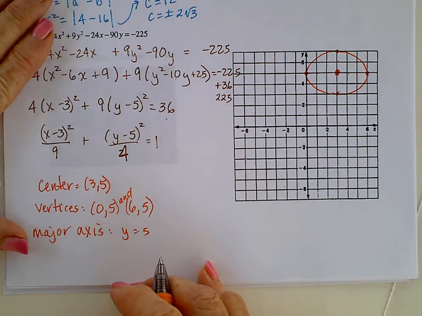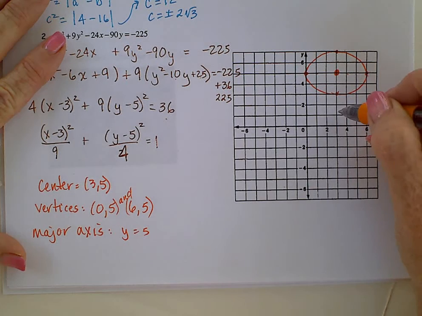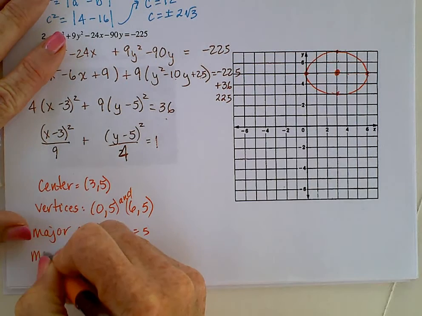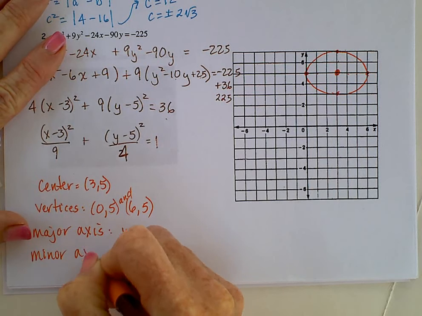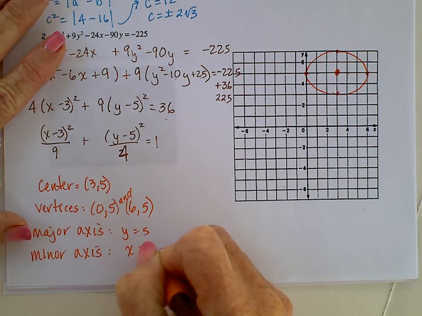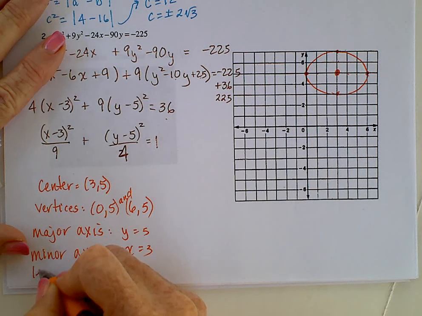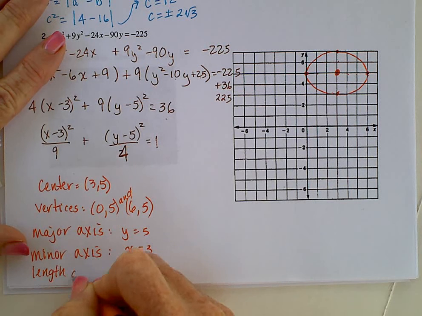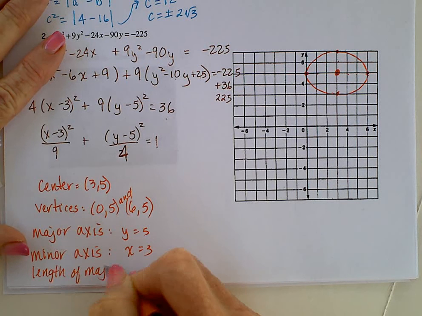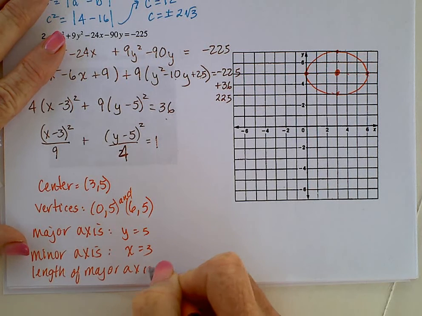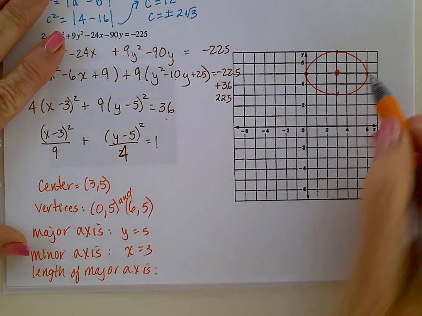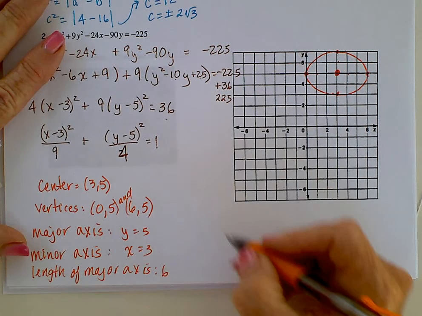The minor axis running vertically at x equals 3. The length of the major axis is 6.